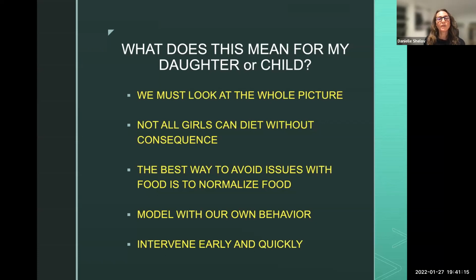The best way to avoid issues with food is to normalize food. When people say, I don't want to eat dinner, you say, are you full? Are you not hungry? Keep consistent food paired with hunger and fullness, because that's why food exists, and that's how human beings are supposed to approach food. If we see something happening with food, we want to intervene early and quickly, before the eating disorder can get its hooks in and get complicated with emotions, and people are learning how to feel better or worse around food.